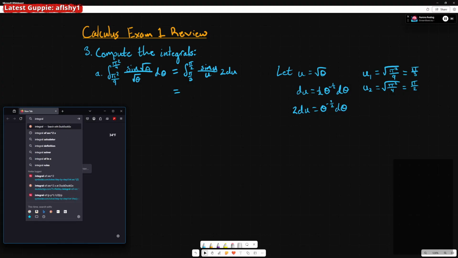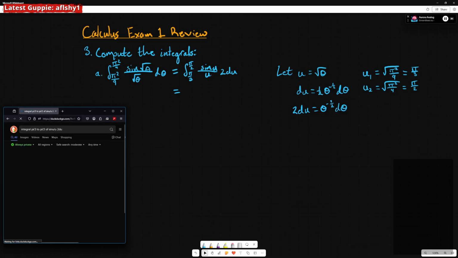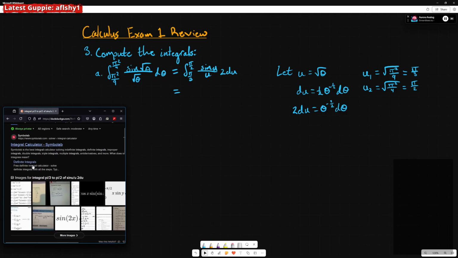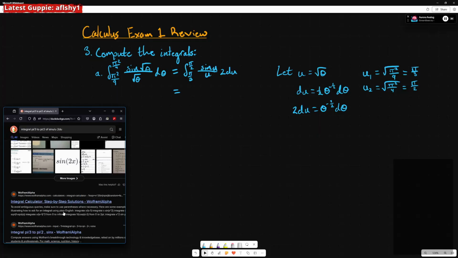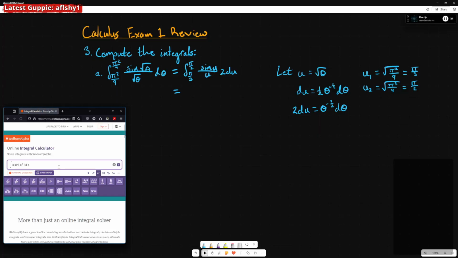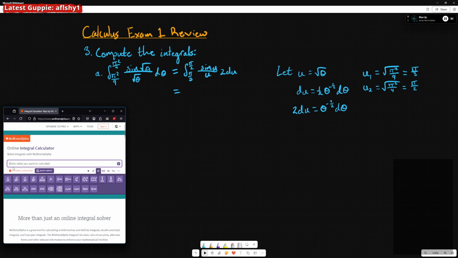Integral pi over 3 to pi over 2 of sine of u over u to the u. I don't know if the Wolfram one is better. I'm gonna use this one. I care more about whether it shows steps or not to understand.